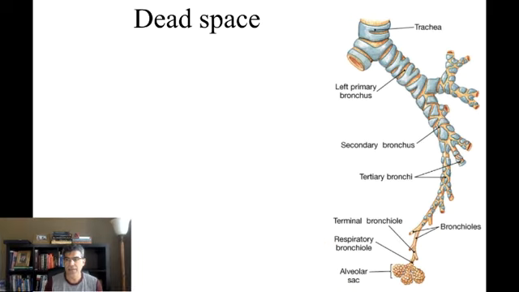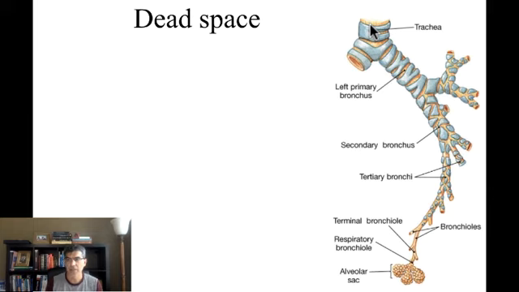The next topic of physiology, which is really important, is called dead space. You remember I told you when the air comes inside the trachea, air is going to go inside these branches, bronchus, and then it's going to come to the bronchiole until we get to the terminal bronchiole. We said all this area is called the conducting zone because air is going to go through without being exchanged.